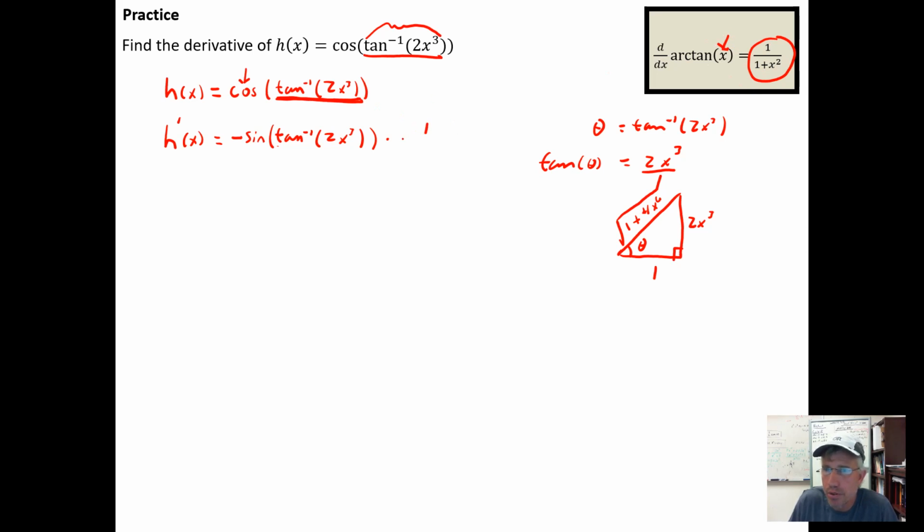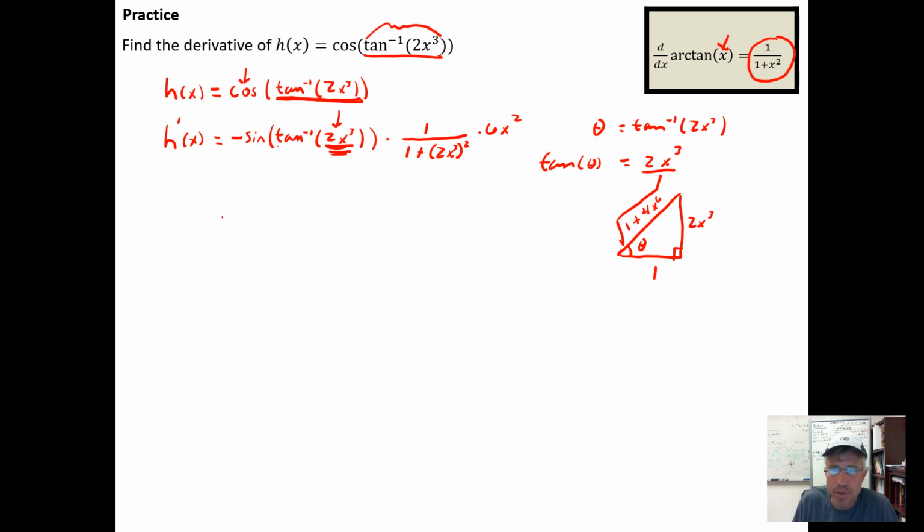So 1 over 1 plus square the stuff that's inside the tangent inverse, which is the 2x cubed. And then the chain rule says now you have to multiply by the derivative of the function that's inside the tangent inverse function. So the derivative of 2x cubed is just 6x squared.